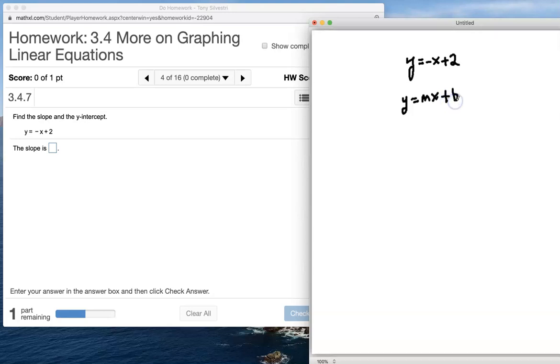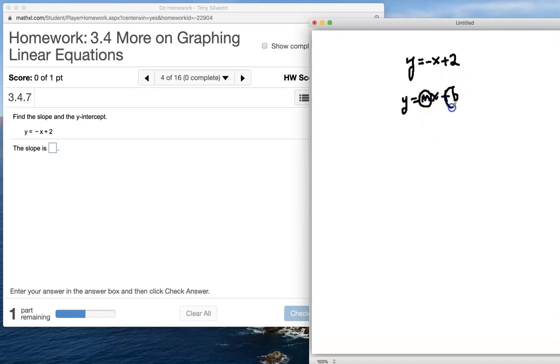That format, some books call it the standard form of a line. Some books say it's the slope-intercept form. I think this book calls it the slope-intercept form. But the whole idea is if you've got an equation that looks like this, the number that's in front of the x is the slope.